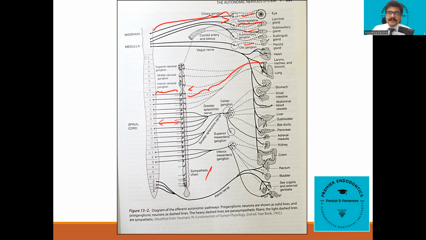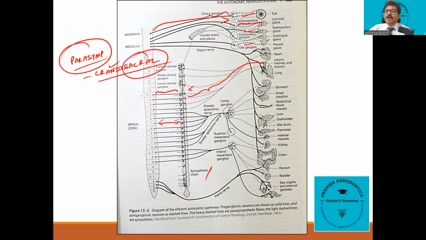What is the next important point? Again, a very important MCQ, that the parasympathetic nervous system forms from the craniosacral outflow or the craniosacral division. Why? Because the central nervous system component of the parasympathetic nervous system comes from the cranial part, that's your brain, and the sacral part of your spinal cord.